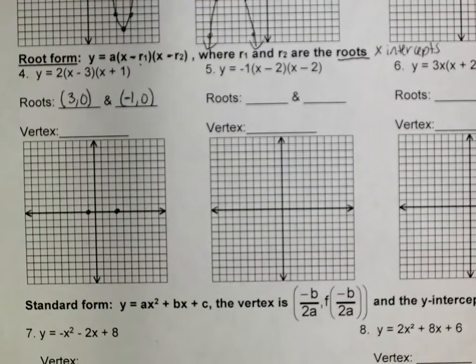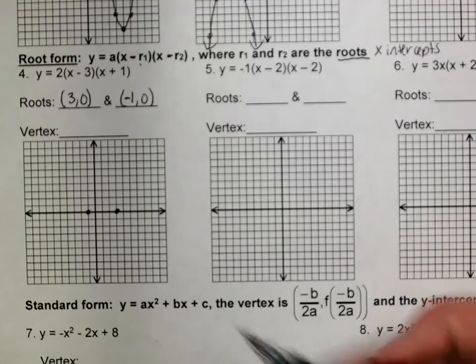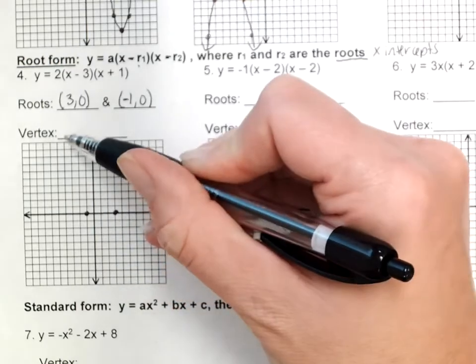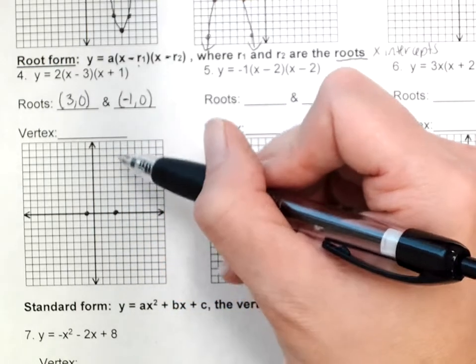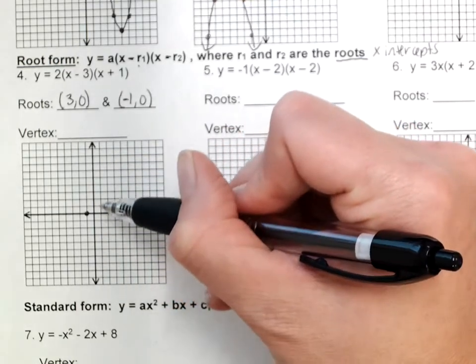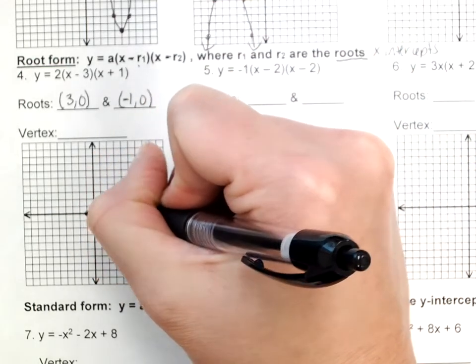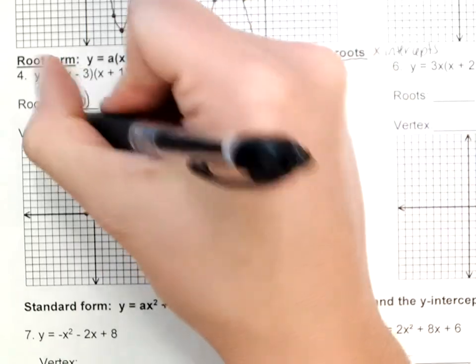From there, this is where it gets a little bit tricky. Okay? I know that the center of my graph is going to be in the middle of these 2 points. So that's what, looking for your vertex. I know the vertex is going to be exactly in the middle of these 2 points. So in the middle of a negative 1 and a 3 is a positive 1.